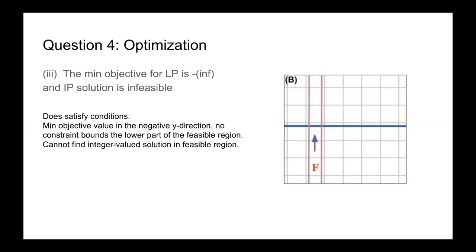If we evaluated the objective value for that particular point, that would also be negative infinity. This is because there's no constraint that bounds the lower part of the feasible region.